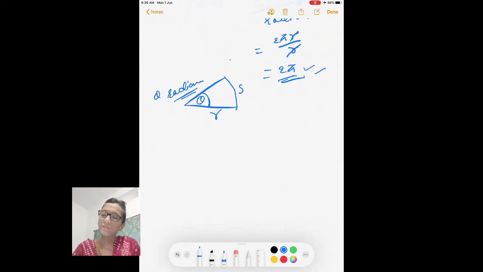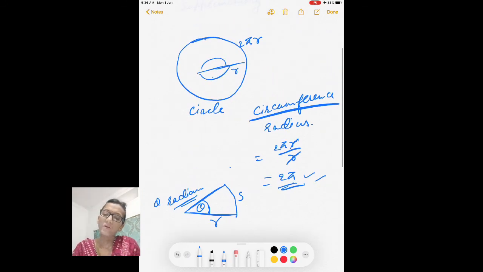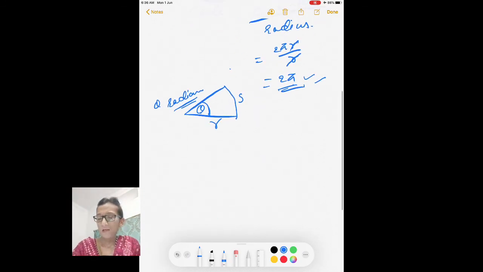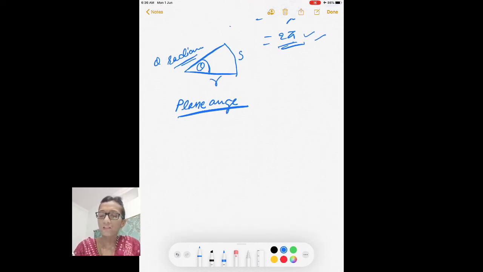What is radian? It is a unit of angle, and this angle is made on a plane surface, so this angle is called plane angle. What is plane angle?